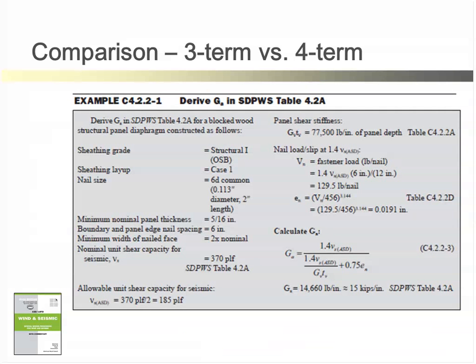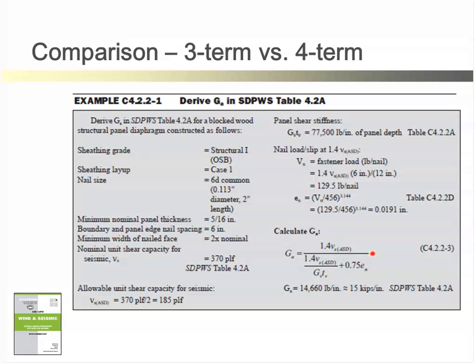And again, for that derivation of G sub A, we try and provide clear examples. You see the equation here that we looked at earlier that is used to calculate G sub A. So we worked through an example here in the commentary that shows you how we came up with the value in table 4.2a of the wind and seismic standard for a certain sheathing grade, sheathing layup, nail size, panel thickness.